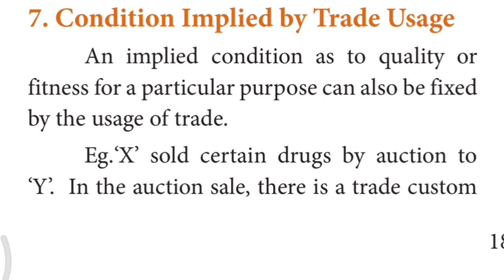But this is ignored and they don't give any description for the drug. Later, the person who bought the drug found it to be defective. In that case, he can claim the price from the person who sold it. Right? So that is one of the implied conditions in this particular contract of sale.